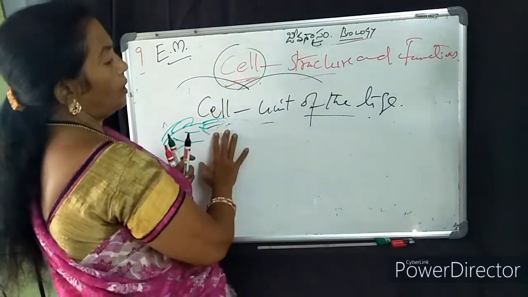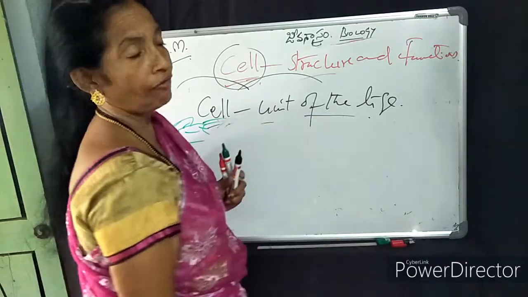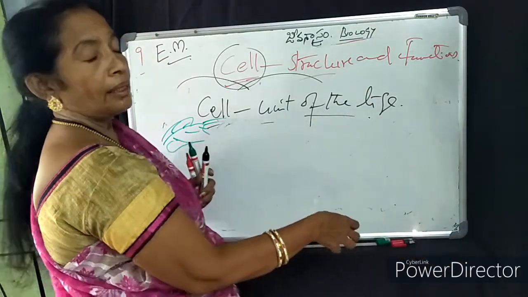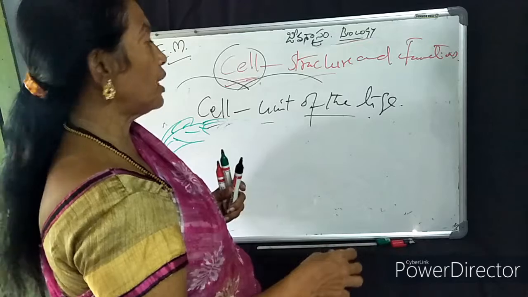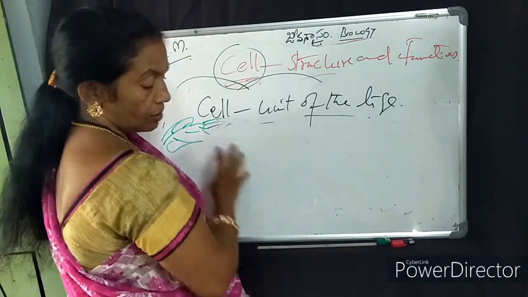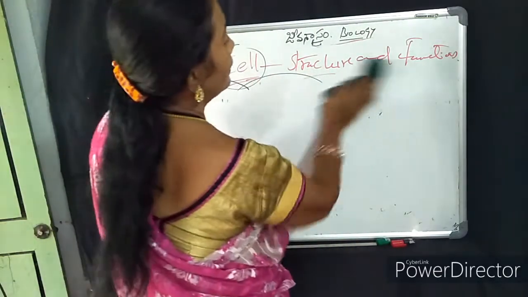There we learned that the cell is the unit of life. Life means that if a plant or an animal is big or small, it has living cells. This is the lesson you have already learned in 8th class.